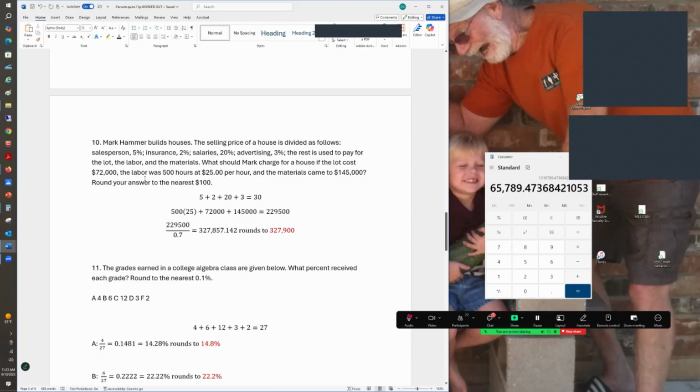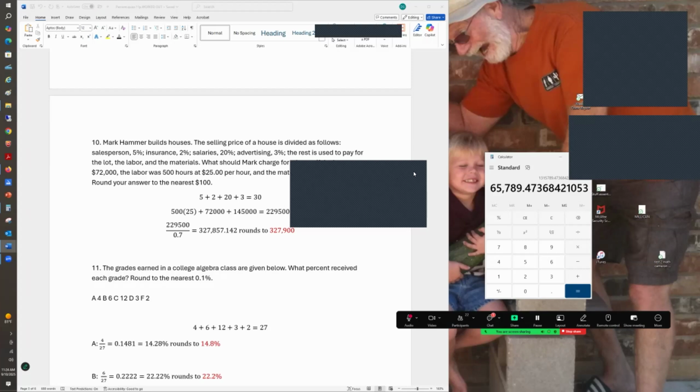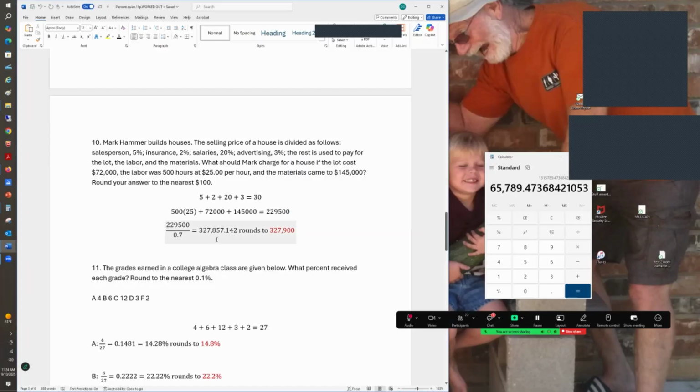I do the labor first because you have to multiply something like 500 times $25 of labor per hour. You don't have to, but it gets trickier if you don't pay attention to your numbers. It's 500 times 25 plus 72,000 for the lot plus 145,000 for the materials. That turns out to be 229,500.